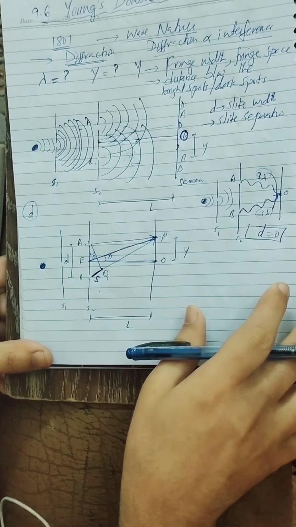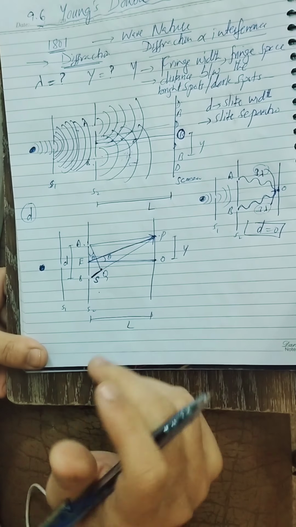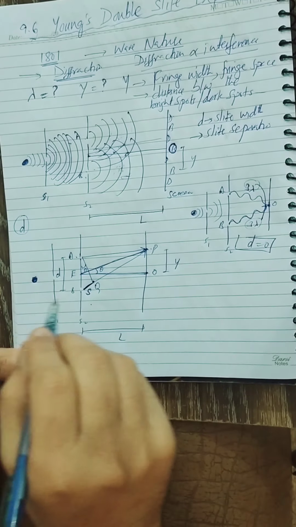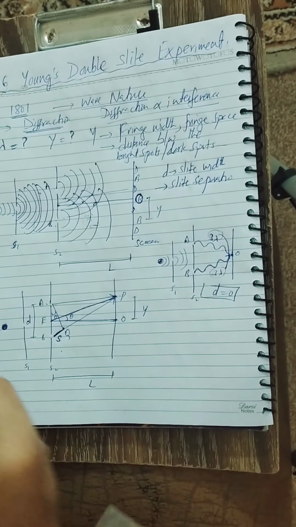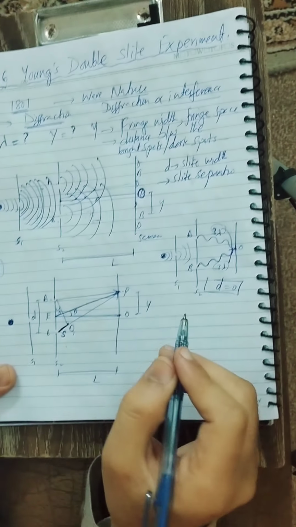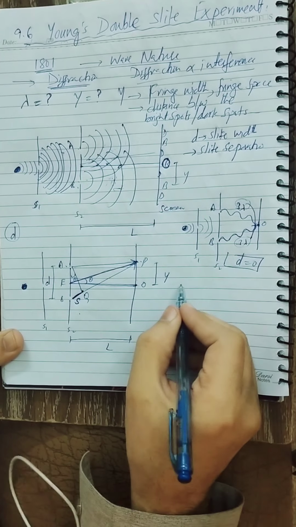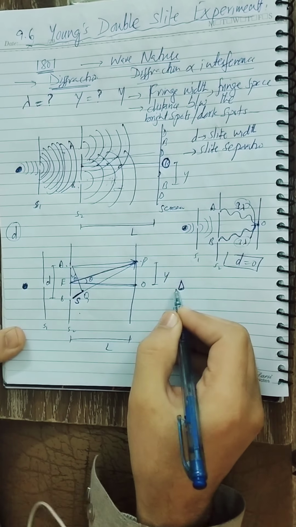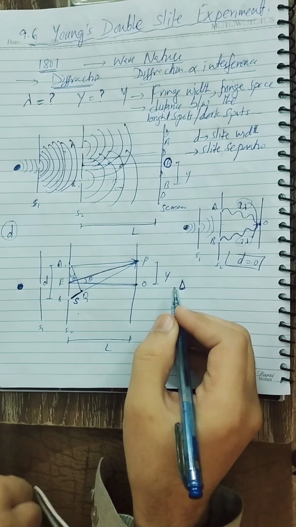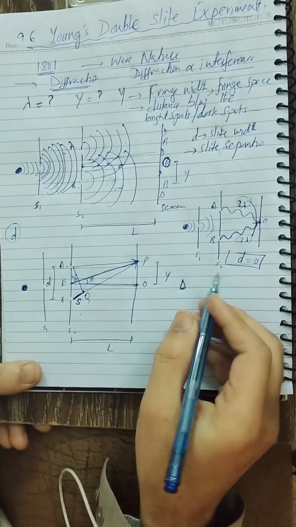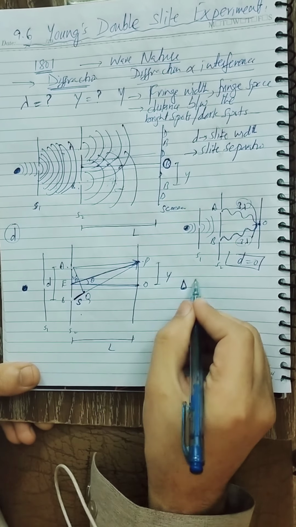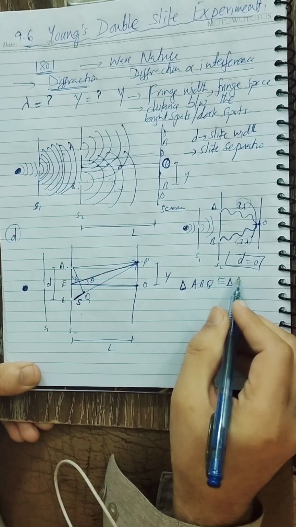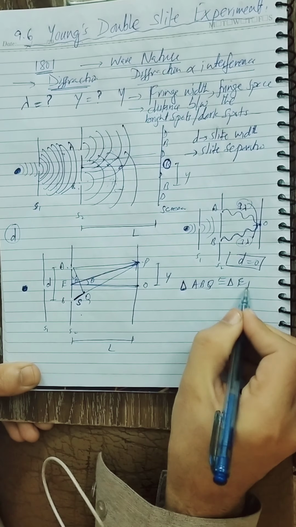This is angle theta. So we have two triangles, and these two triangles are congruent. How are they congruent? This can easily be proved by a theorem as you already studied in matric. By the ASA postulate, triangle ABQ is congruent to triangle EPO.